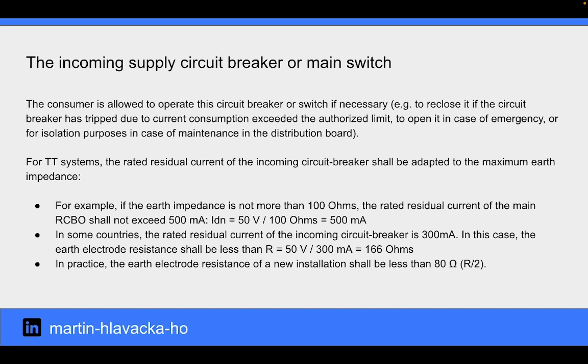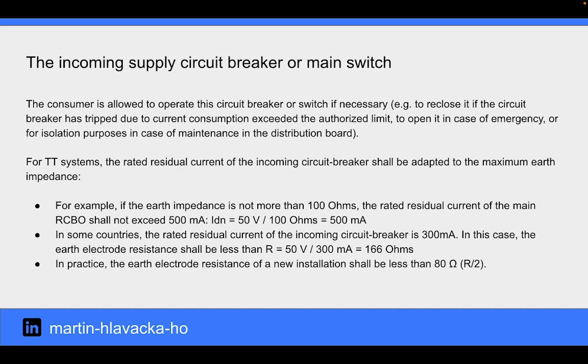For TT systems, the rated residual current of the incoming circuit breaker shall be adapted to the maximum earth impedance. For example, if the earth impedance is not more than 100 ohms, the rated residual current of the main RCBO shall not exceed 500 milliamps.